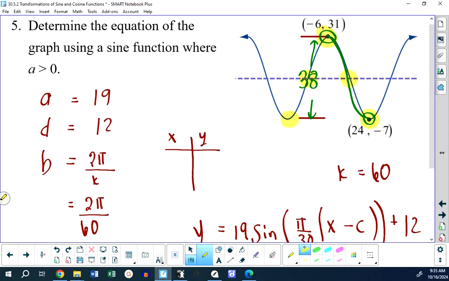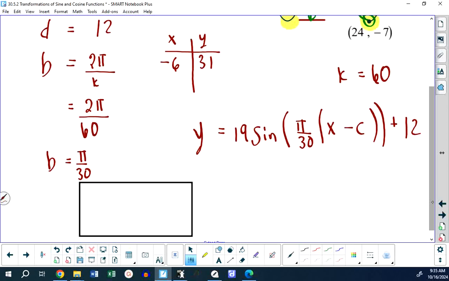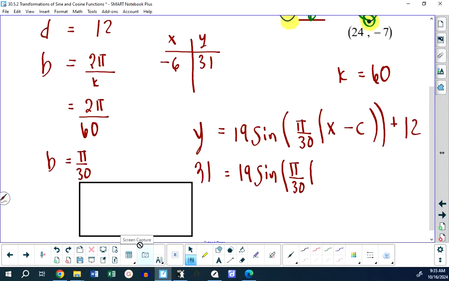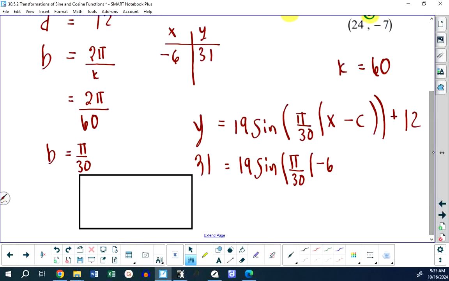So it doesn't matter which one you use. I'm going to use negative 6, 31. So we're going to put 31 in for y. We're going to put in negative 6. I want to double check that. Yep. For x.